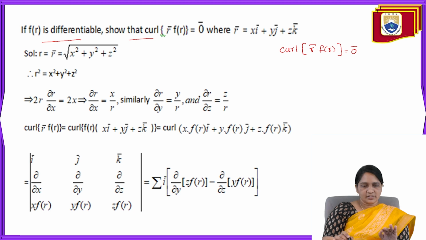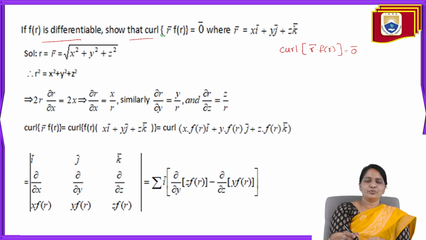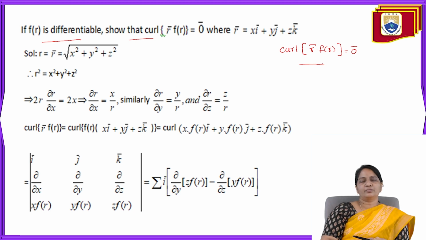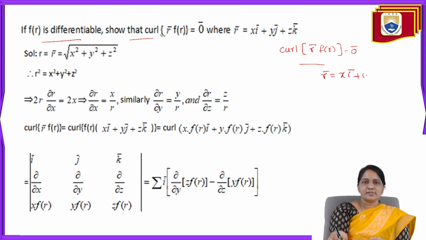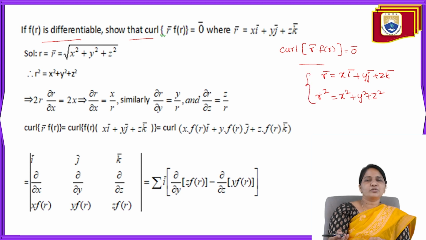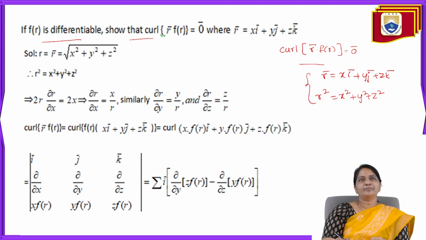If the problem is given in terms of r, already I told you, you have to remember that r bar is x i bar plus y j bar plus z k bar. Also r square is nothing but x square plus y square plus z square. These are the basic points you should know before solving this problem.